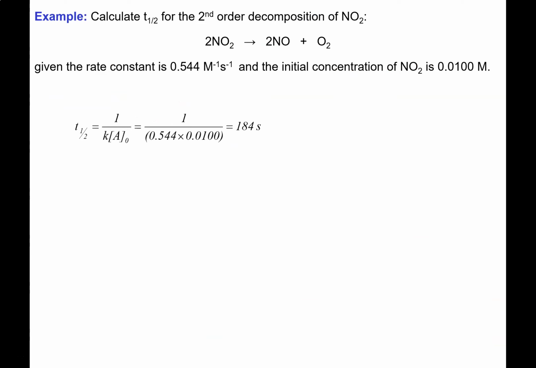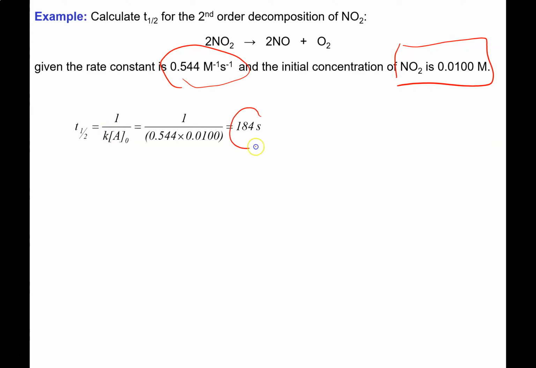Okay, so here's an example of calculating the half-life. It says calculate the half-life for the second order decomposition of NO2, given that the rate constant is 0.544 per molar per second, and the initial concentration of NO2 is 0.01 molar. And so it's just going to be plug and chug, right? t half is 1 on the rate constant multiplied by the initial concentration, and there we go.